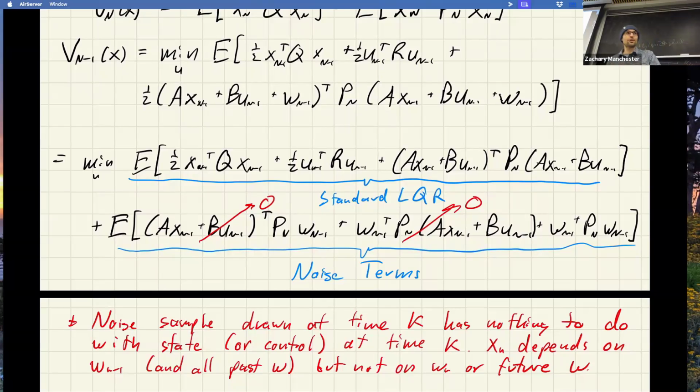And the key thing to note: you could write that down. The upshot is you don't have to change anything, at least not in this LQG context.